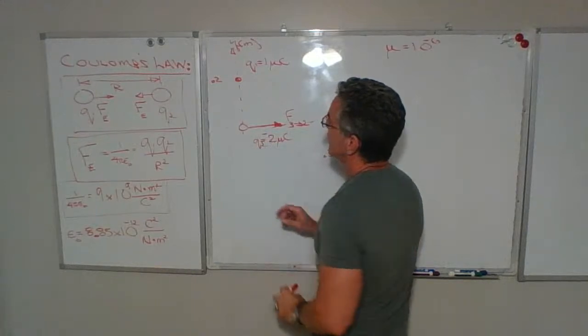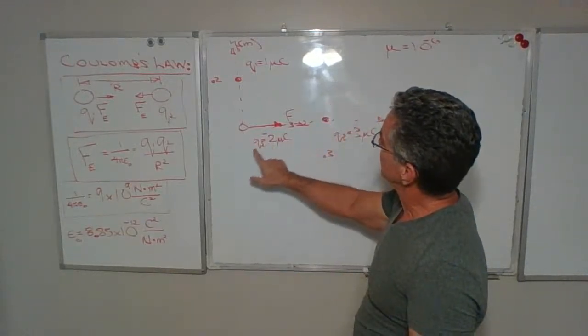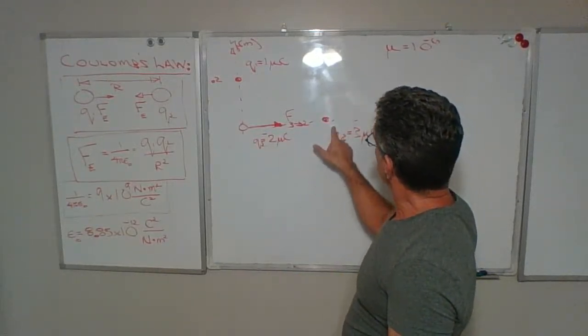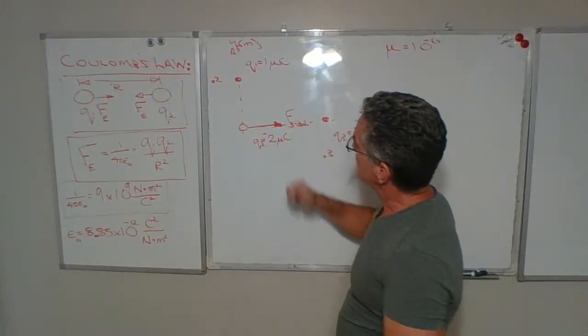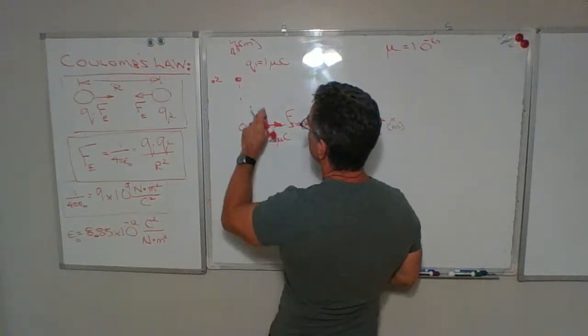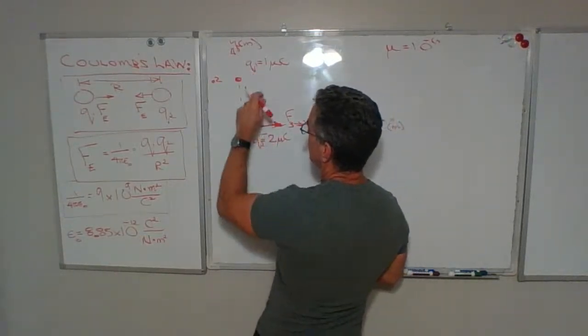Okay, so this force is the force that Q3 exerts on Q2 to the right. And now there's also an attractive force between Q1 and Q2 because they're unlike charges.